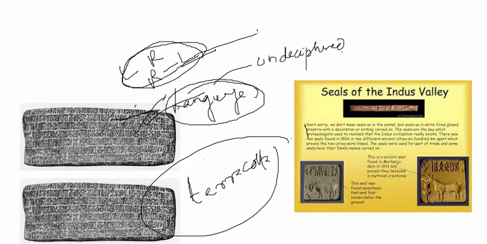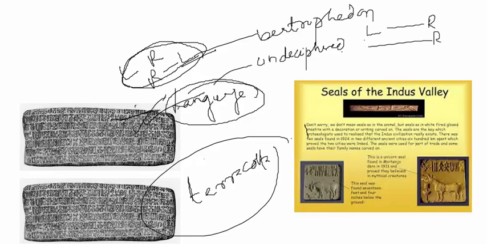That's why it is called Boustrophedon. Boustrophedon means writing that goes from left to right and then right to left. Until today, the Harappan script is yet to be deciphered.